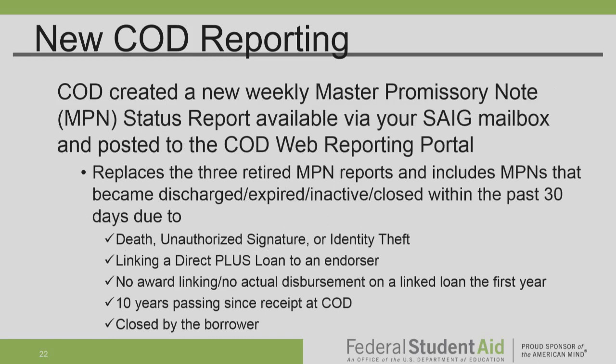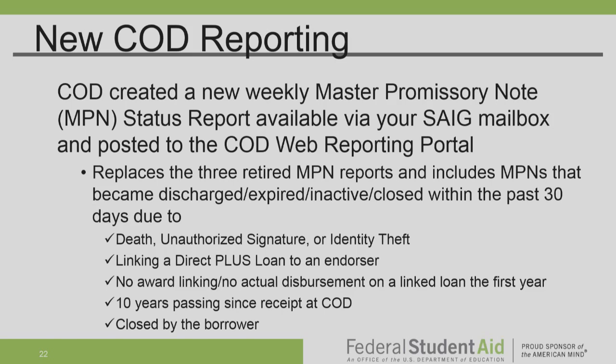Okay, let's keep going here. COD created a new master promissory note status report. Remember I said a little bit earlier on the reports that we retired, those were those 3 MPNs: expired, about to expire, and going to expire in 60 days. We brought them all together in one, as you can see down here, replaces those 3.